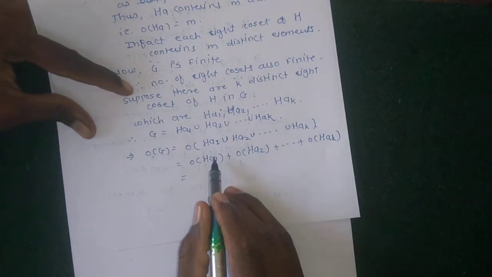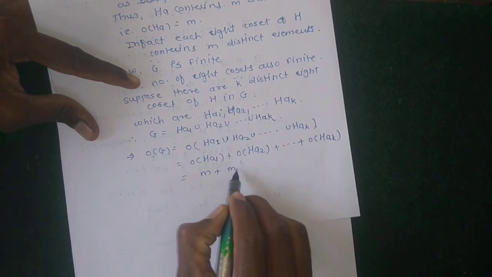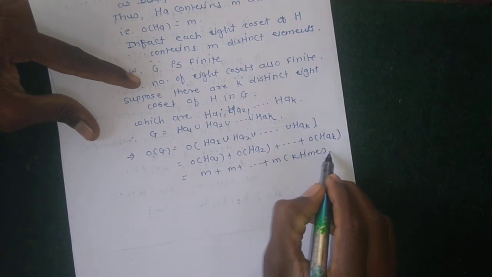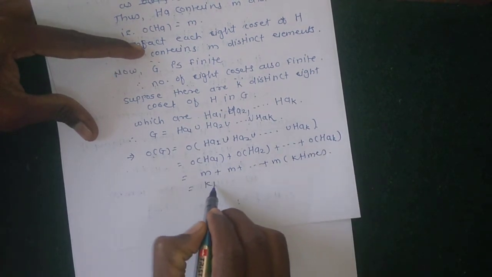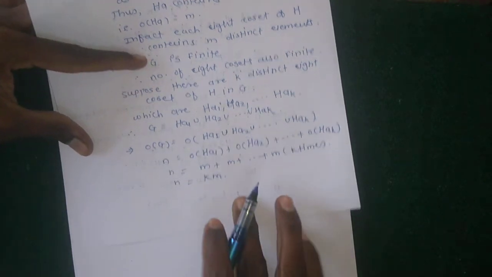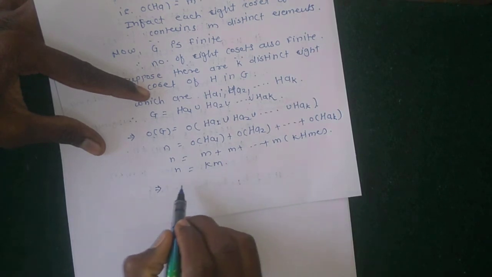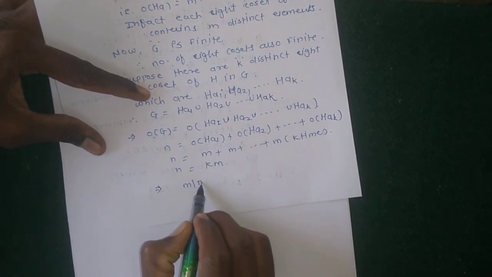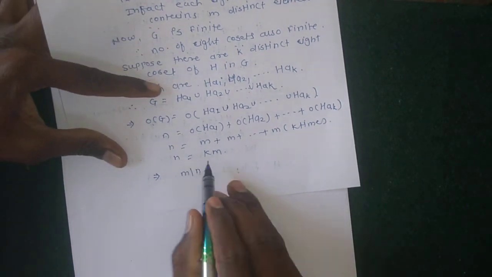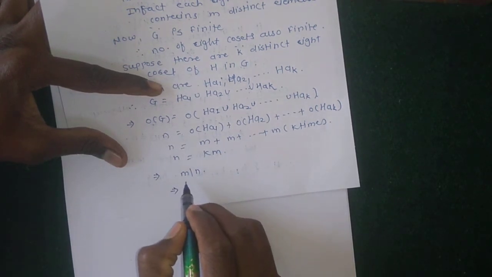So m plus m plus so on up to m, k times because there are k distinct right cosets. This is km, and the order of G is n. Therefore, by the definition of divisibility, m divides n.